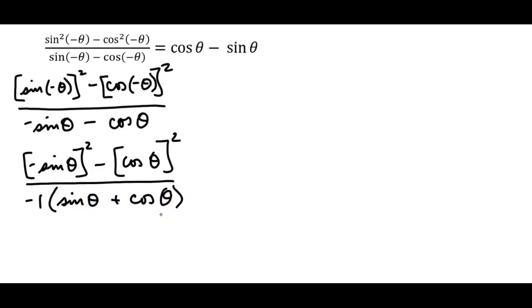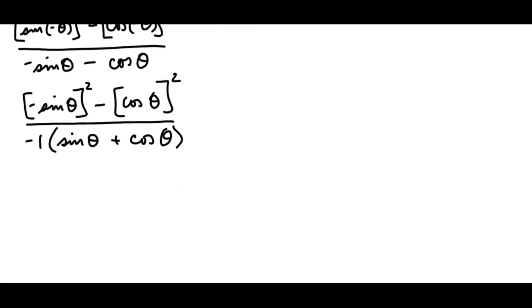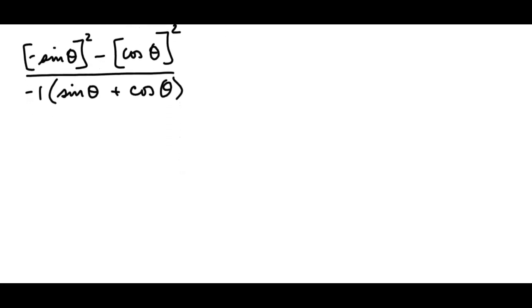Now, how do we know to do that? Well, it looks a little suspicious to have negative sine theta minus cosine theta, so this looks a little bit better. Okay. Later we'll see how that's going to work.